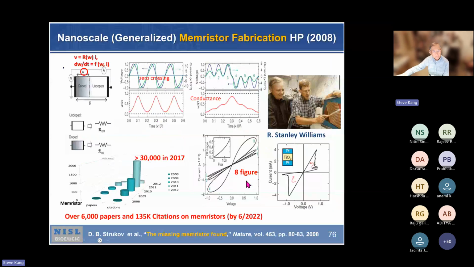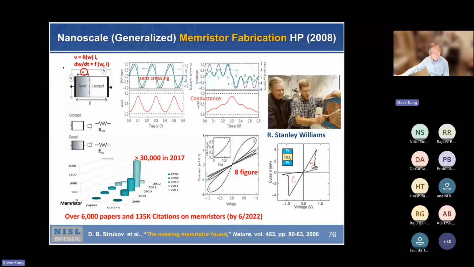Back in year 2008, so that was 1971, and then a follow-up paper in 1976. Until then, no activity at all. I talked about memristor once in a while when I taught undergraduate or graduate students.